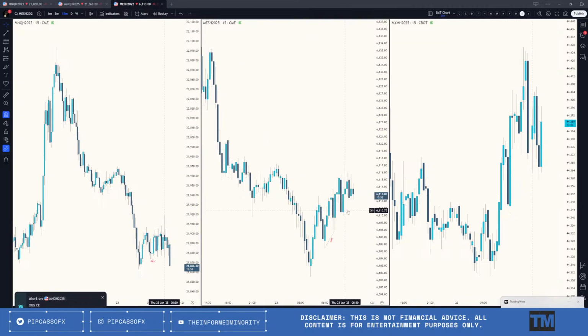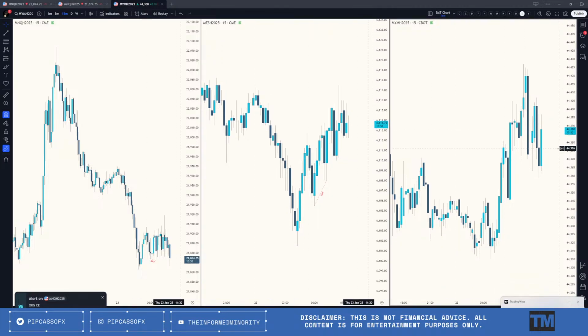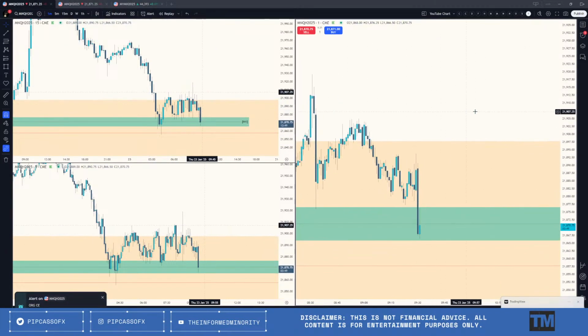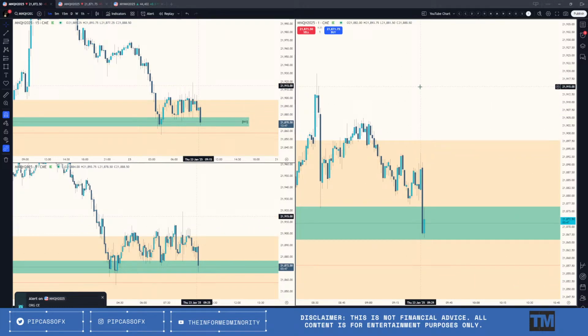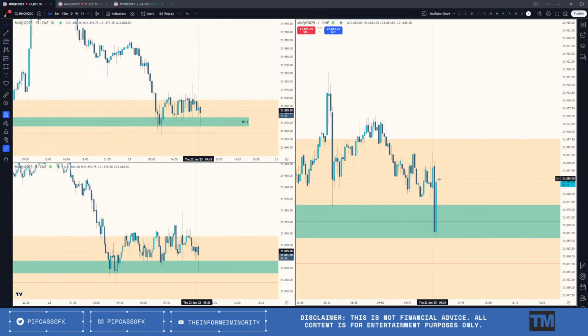So we'll see here. Again, we're not seeing the same response out of ES, so I'm thinking this is a stop run. Let's see what we're getting here. Not getting the same response lets me know that's probably a stop run. And then I look to see what time the first presented fair value gap forms.